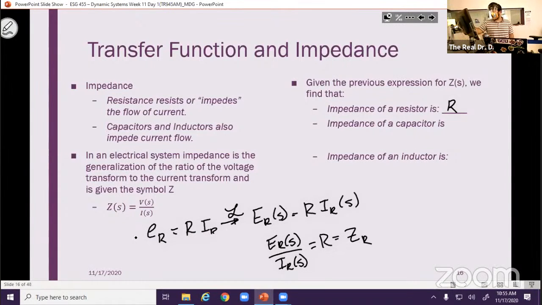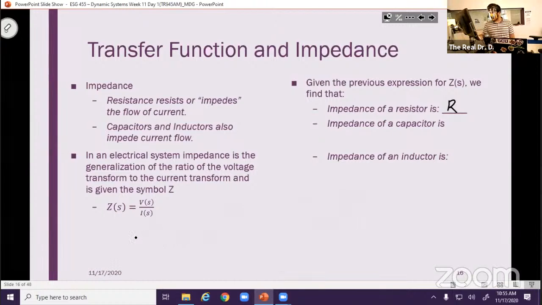So we're going to do the same thing. I'm going to erase this down here because I didn't give myself enough room. Typical. All right, so what do I know? I know that I sub C is equal to C E dot C. I'm going to take the Laplace transform of this.